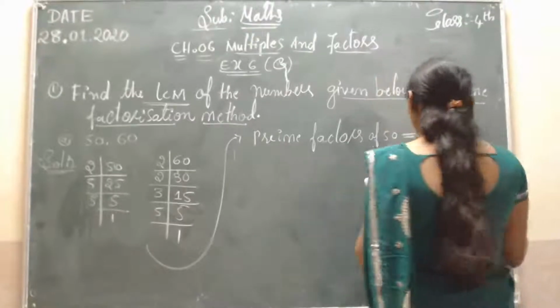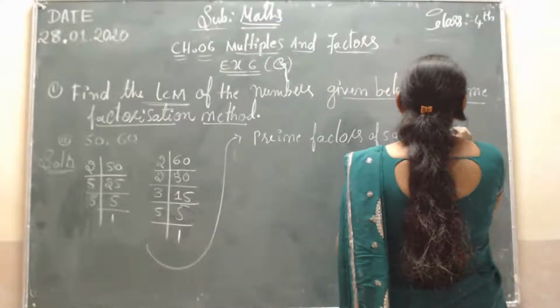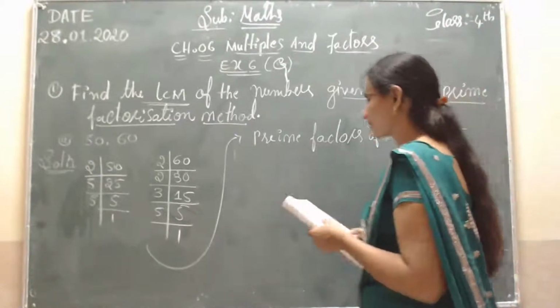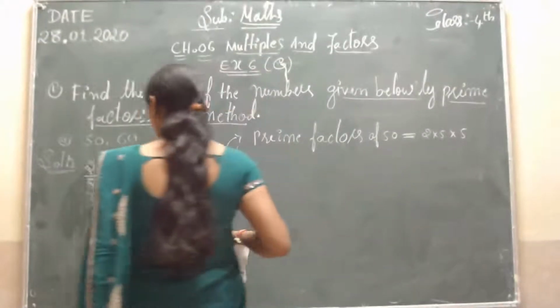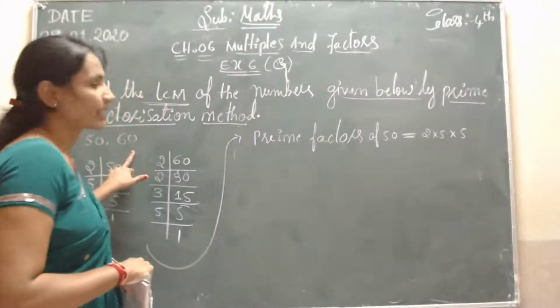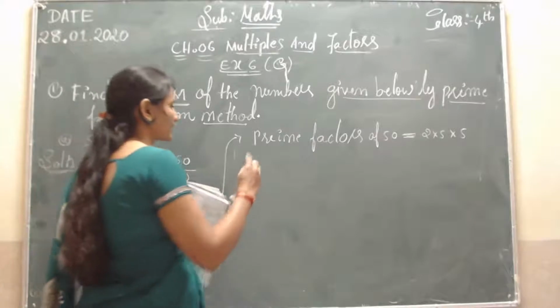Write it here: 2 into 5 into 5. Next, the number is 60. Write it here.